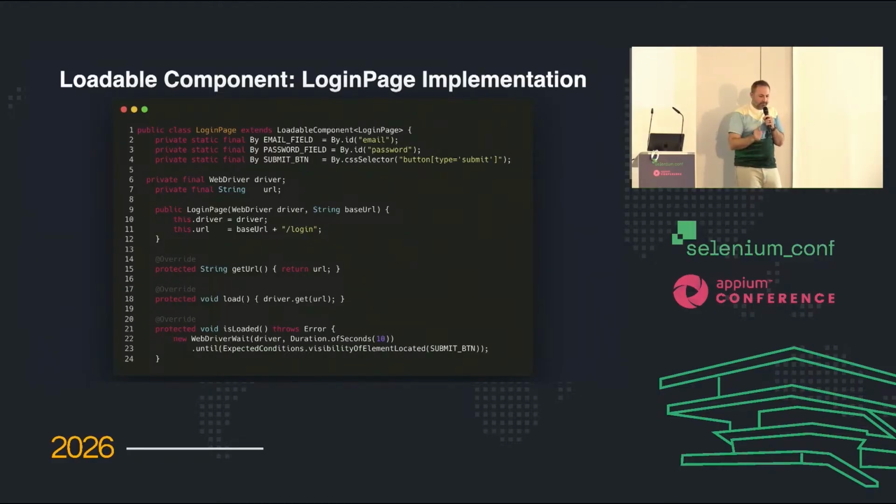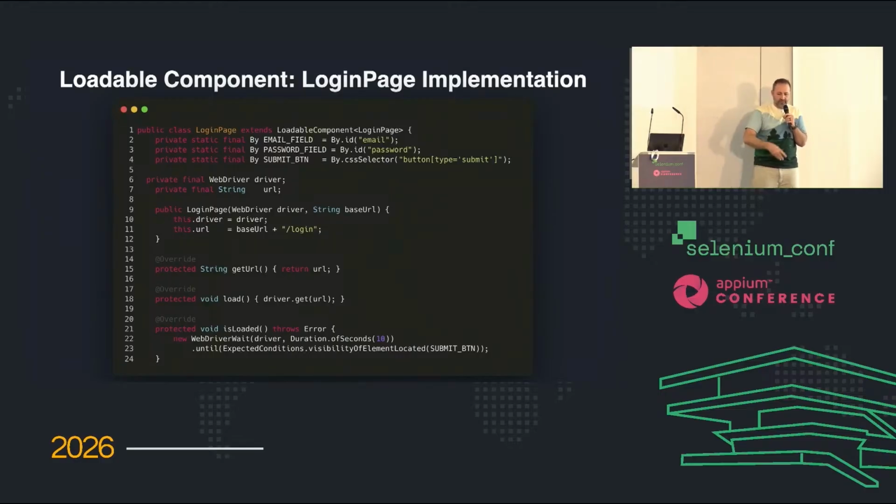We have load, which is coming from the loadable component, and we have isLoaded. So we are defining in the isLoaded method. We are saying, return this page only if the submit button is visible. Let's say this is the condition that will say us that our page is ready to continue using.